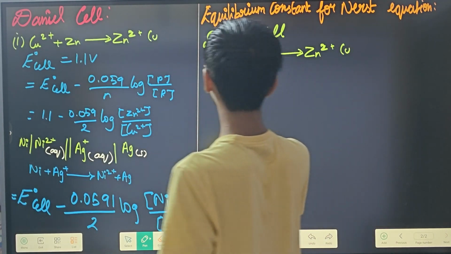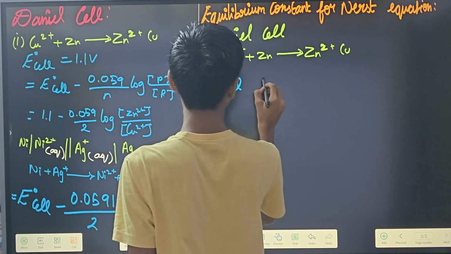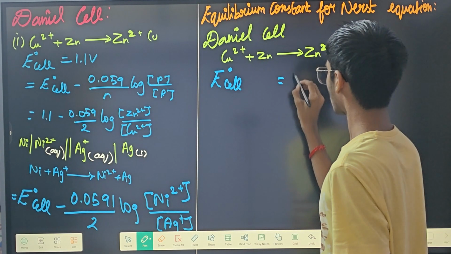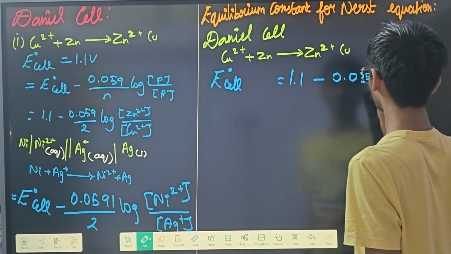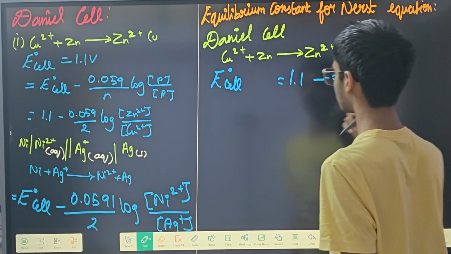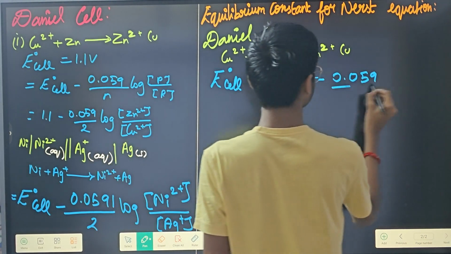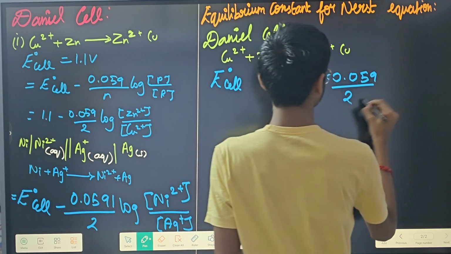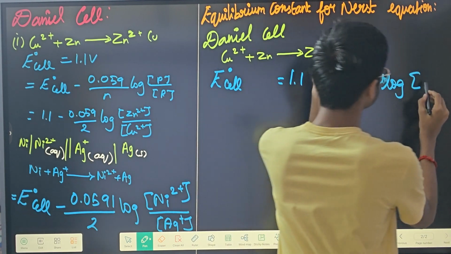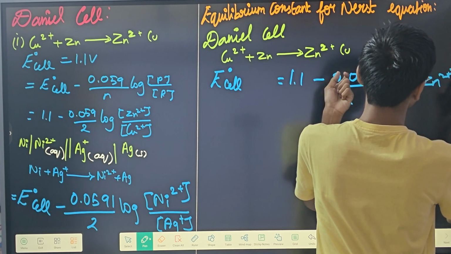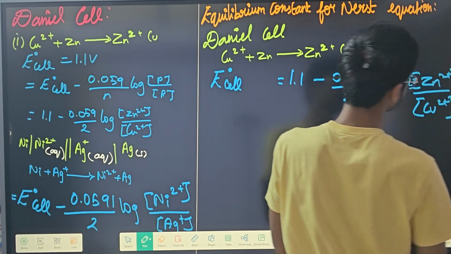Then E naught cell is equal to 1.1 minus 0.0591, which they have given in some cases, and somewhere I've seen 0.0591 instead, but just 0.059 is enough, into log of products, which in place of products is Zn2+ divided by Cu2+.